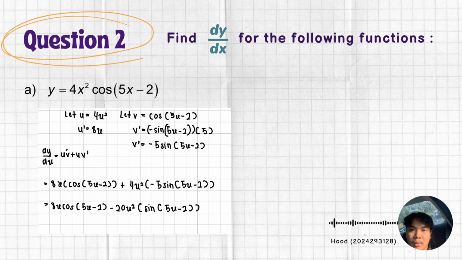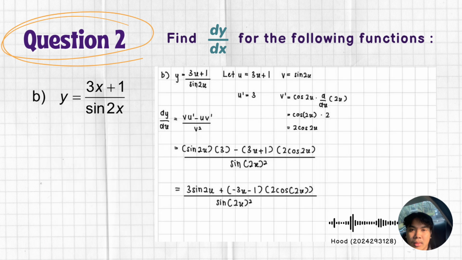So after you find u and u prime, v and v prime, put them in the formula, and after that simplify until you reach the simplest answer. So that's going to be your answer.